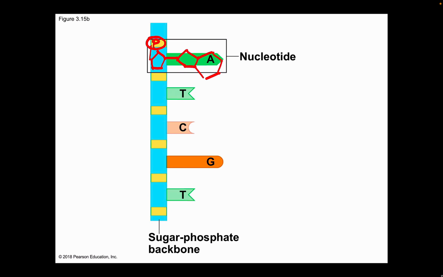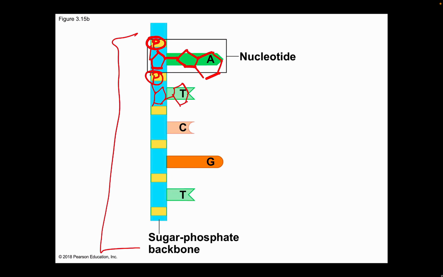So it's phosphate to sugar, which is then bonded to the phosphate of the next one, which is, as we know, bonded to the sugar on that nucleotide, which is then bonded to the nitrogen base coming off in the center here. So making up the outside, or what's known as the backbone of these molecules, is a repeating sequence of phosphate, sugar, phosphate, sugar, phosphate, sugar. So we call it the sugar phosphate backbone.